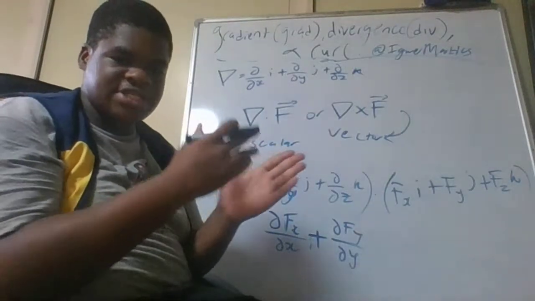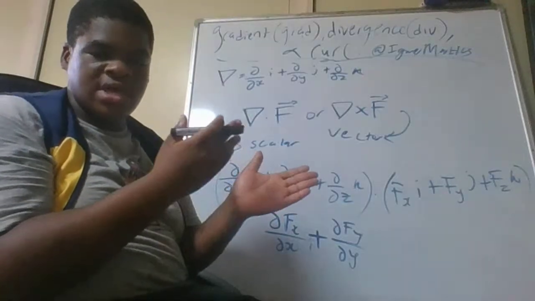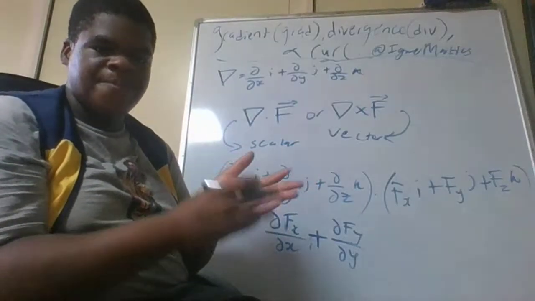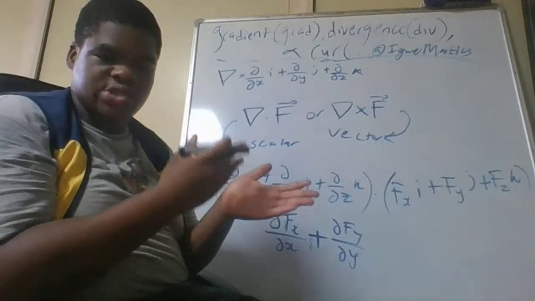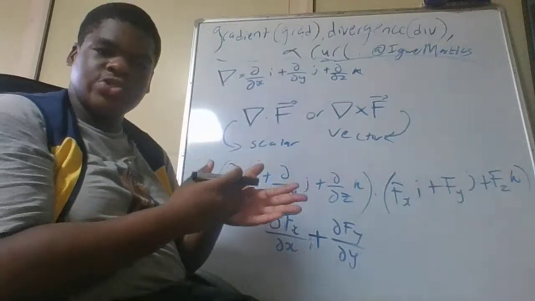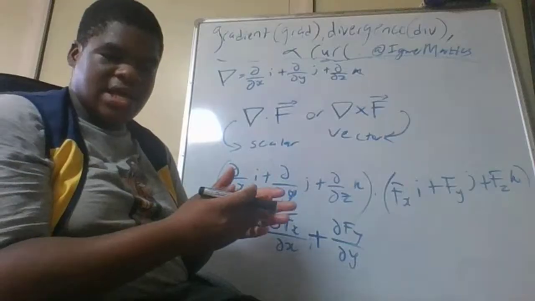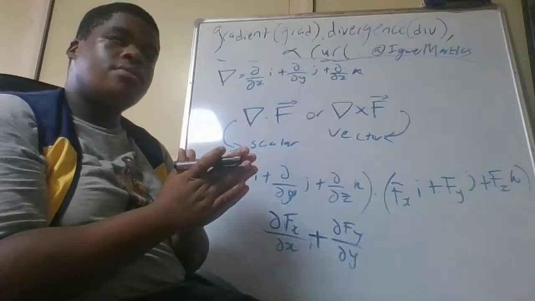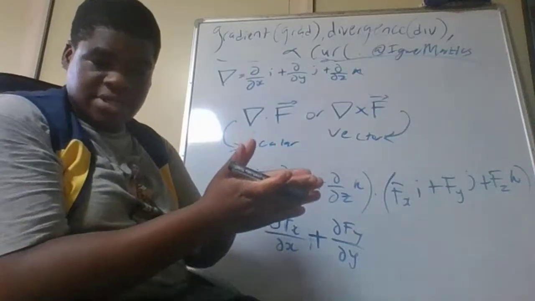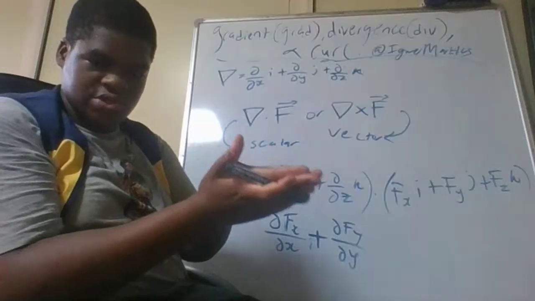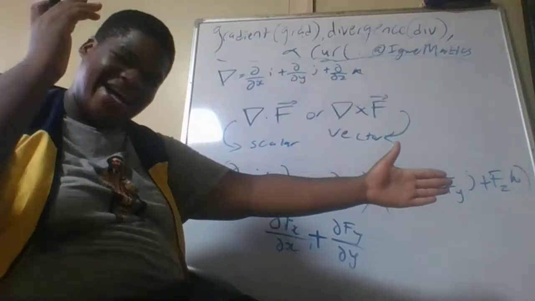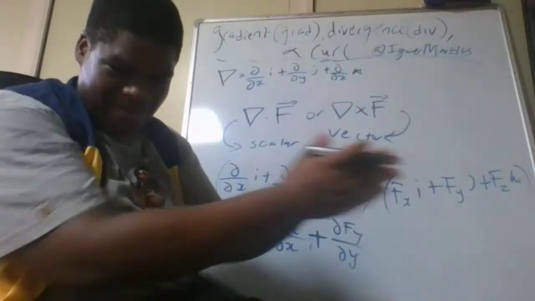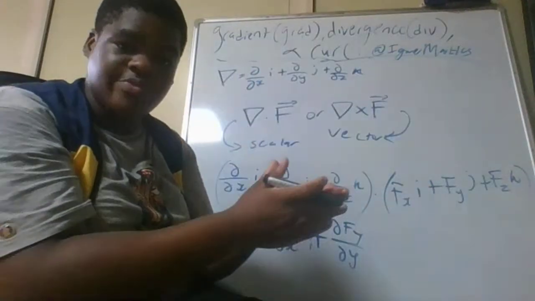Because a dot b is equal to the magnitude of a times the magnitude of b times cos theta. The magnitude of j is 1, so that is 1 times 1 times cos theta. But since j and j are parallel, the same direction, the angle between them will be 0.